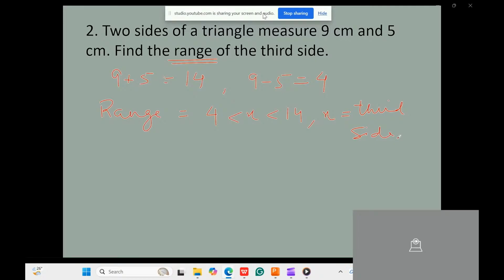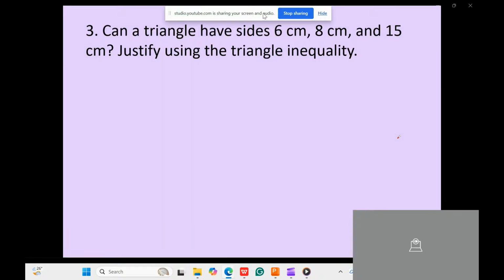Okay, let's have a look at the next question. Now, can a triangle have sides 6, 8, and 15 centimeters? Justify using the triangle inequality. Now, here we'll apply the property of triangle inequality. So, we'll check it for all the three sides. So, let's check for 8 plus 6. Okay, now here you see that when we add these two sides, we are getting 14, which is less than the third side.